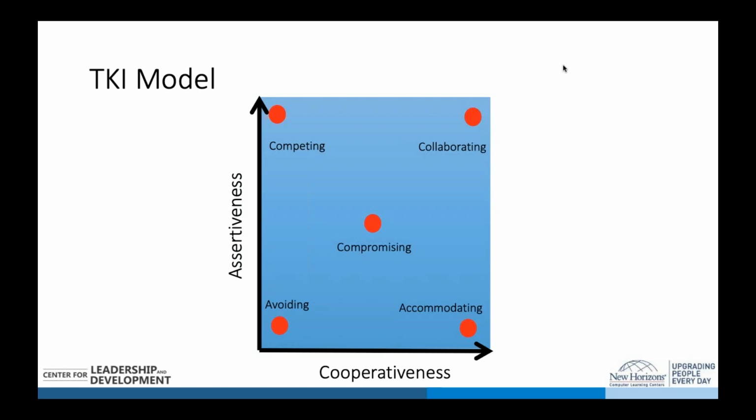If you're collaborating with somebody that you're in conflict with, you are working well with them, you understand their needs, they understand your needs, and you're both willing, or both parties are willing, to work towards a mutually beneficial solution, the ultimate win-win solution.